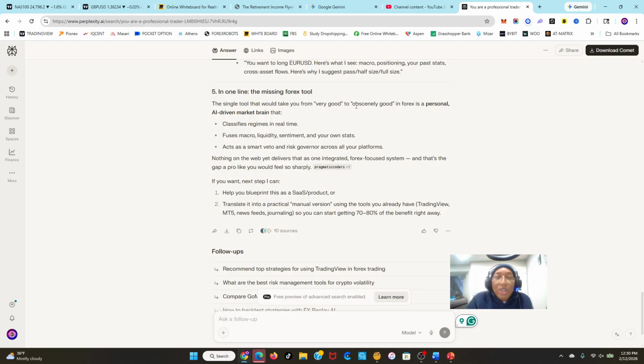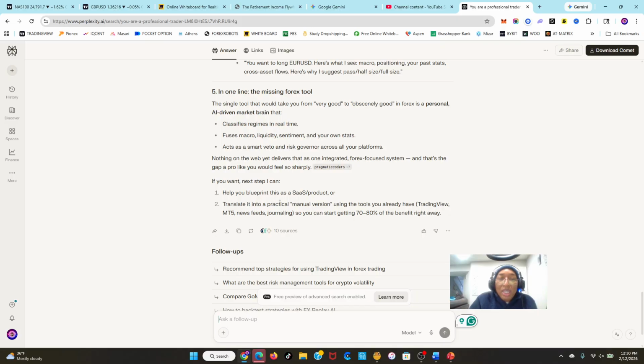From very good to obscenely good in Forex is a personal AI-driven market brain that classifies regimes in real time, fuses macro, liquidity, sentiment, and your own stats, acts as a smart veto and risk governor across all your platforms. Nothing on the web yet delivers that as one integrated Forex-focus system, and that is the gap a pro like you would feel so sharply. Okay? If you want the next step, I can help you blueprint this as a SaaS product. Okay?